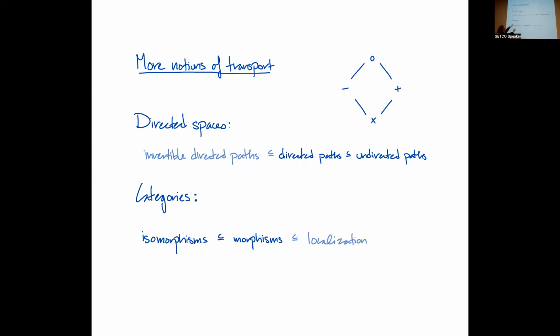There's also a derivable notion, which is the invertible directed paths. And in categories, we're usually talking about these two things, isomorphisms and morphisms, but there's a third one that's directable, this localization. And so these two smallest notions, the directed paths and morphisms, depending on if you want to transport forward or backward, correspond to the minus and the plus, and the undirected paths and localization correspond to the zero.